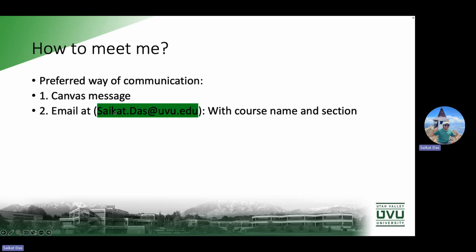Here's my email address, my first name dot last name at uvu.edu. But make sure you include your name, the course number, and the section number. I teach multiple courses and sections, so an email that just says, I have a question about the assignment, doesn't tell me which assignment in which class, right? And number 3 is an in-person meeting at SE 410A or a virtual meeting over Microsoft Teams.